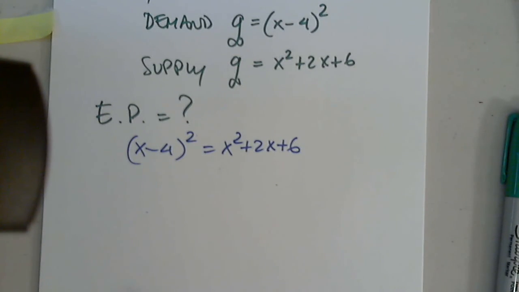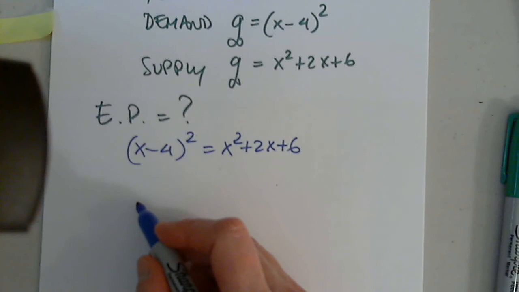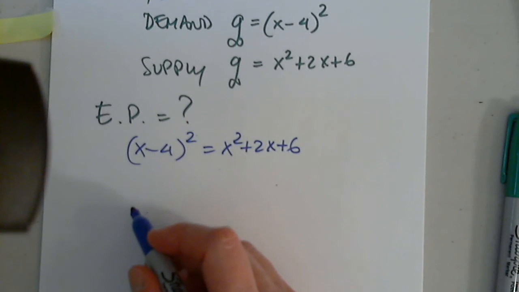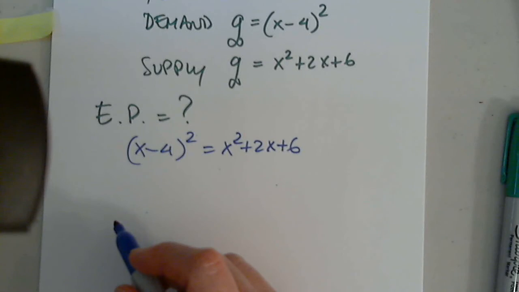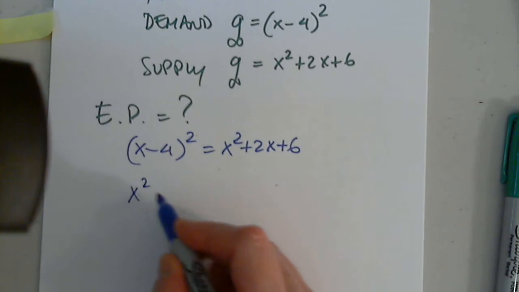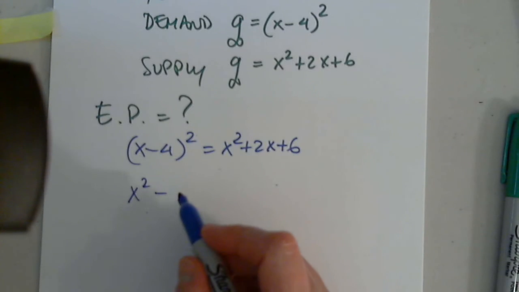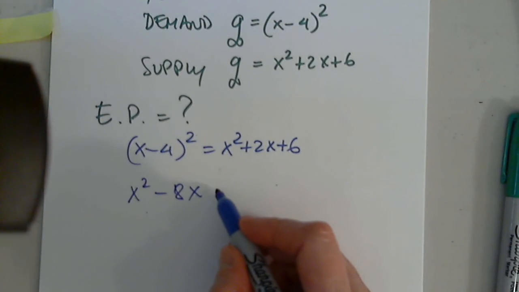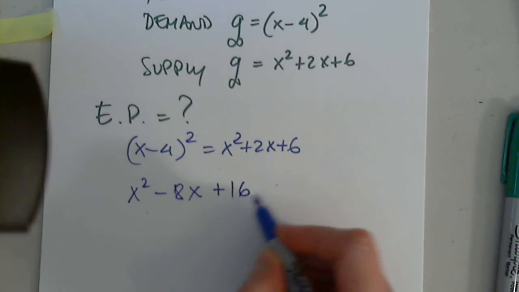Just give me the final form. x squared, good, minus 8x, very good, and plus 16. Great job.